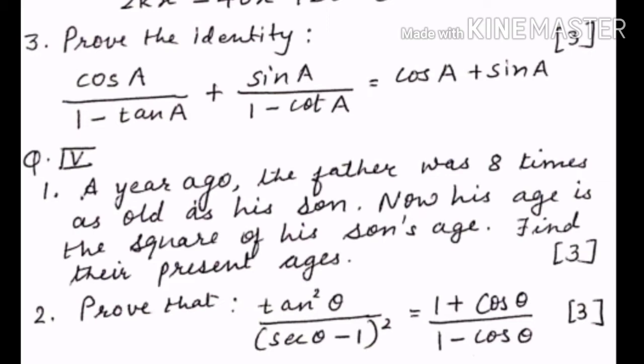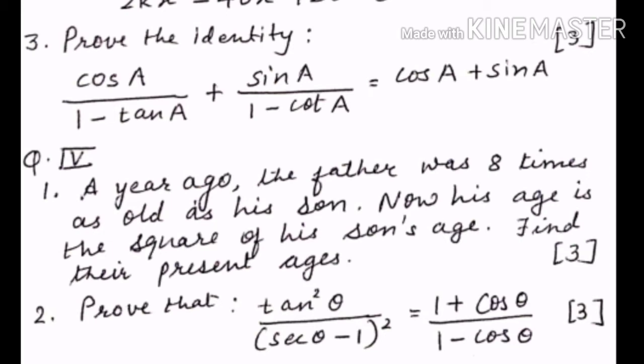Then question number 4. So question number 4, part 1: a year ago the father was 8 times as old as his son, and now his age is the square of his son's age. Find their present ages. So whenever there is this type of question, students, you have to first take what you have to find out, meaning let the father's age be x and his son's age be y, as you can take from the given things, and using a quadratic equation you have to solve that.